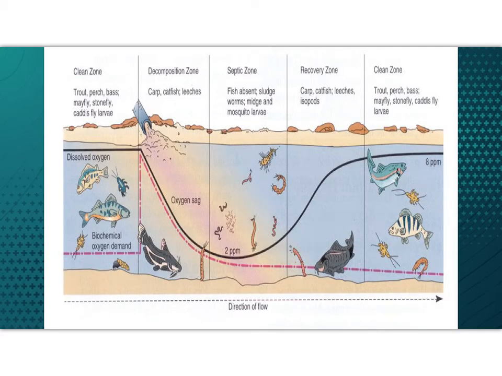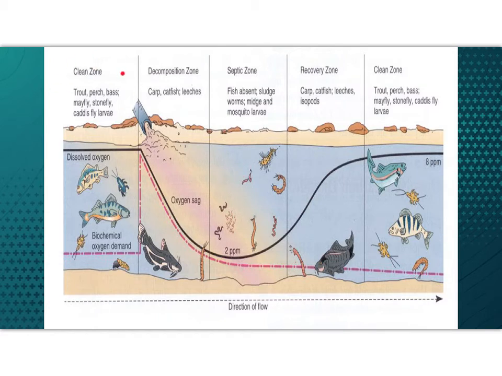So we see in this river, or something that has a direction of flow, so the water is moving this way, we have a clean zone and there's lots of dissolved oxygen. So we have all of the things that we were looking at in a high oxygen level.